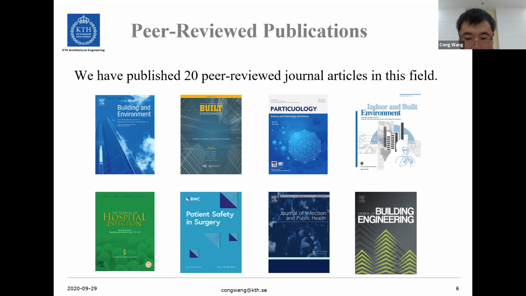These 2 groups of people rarely sit together and listen to each other. Therefore, we feel obliged to share our research experiences with the medical people, and we publish our research results also in these medical journals. So we aim to bridge the knowledge gap between the engineers and the doctors.